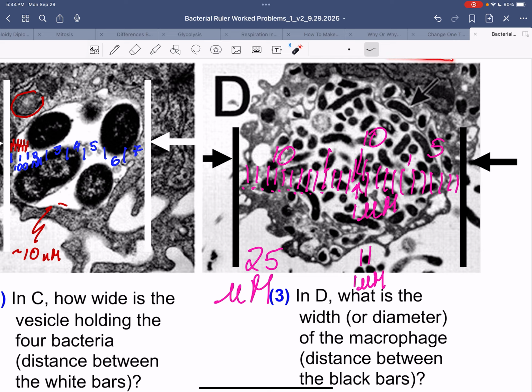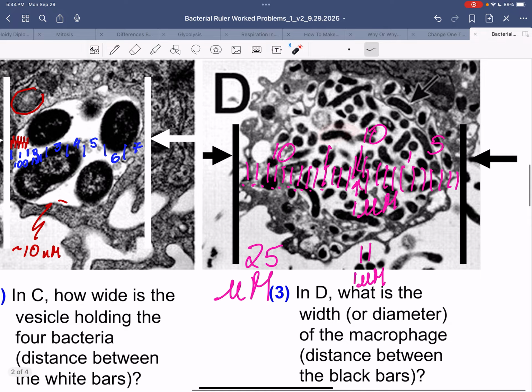So if this nucleus is flattened, it wouldn't be surprising if it was that size. But one of the things it suggests to us is that maybe this is somewhere between 5 and 10 microns. Maybe the real size is about 15 microns, and these bacteria are a little less than 1 micron. It doesn't matter. That would also be within our factor of 2 range.